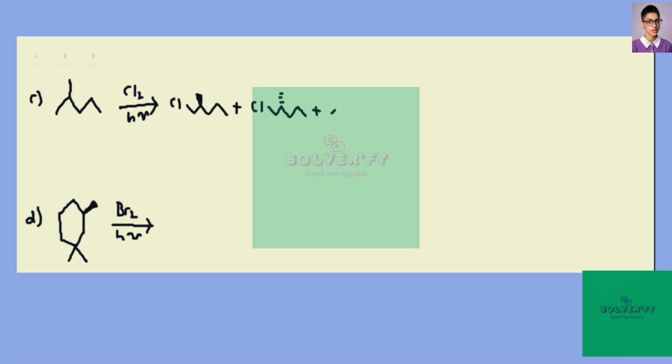We can have the chlorine add to the other terminus like that. That's not going to induce any stereochemistry. And then we can have the chlorine add to other positions. So like this. Or like this.